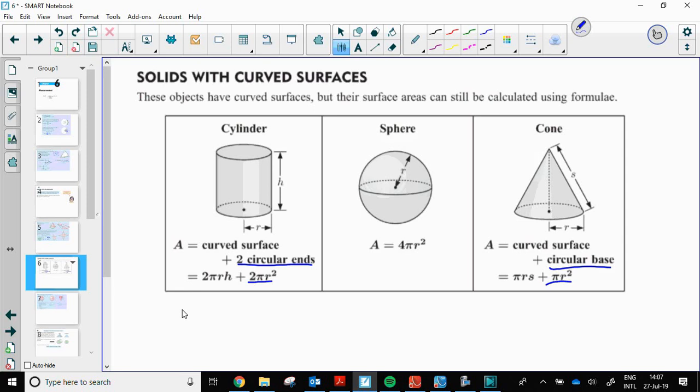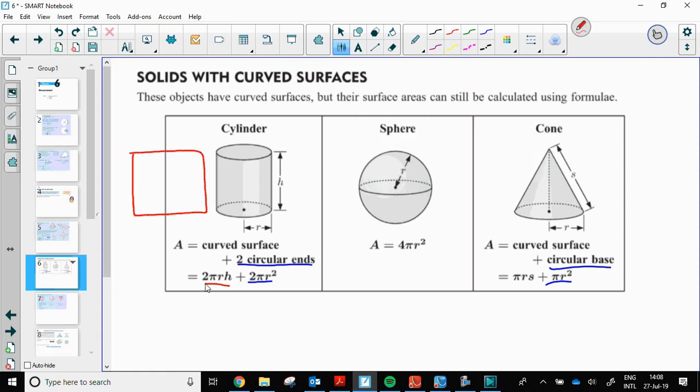The textbook does have an investigation in it for how one might derive at least the surface area of a sphere without calculus, although I certainly prefer using calculus myself. The cylinder, on the other hand, that one's much easier to see where this 2 pi r h comes from. It's because if we were to unwrap the curved sides of the cylinder, we would have just a rectangle.